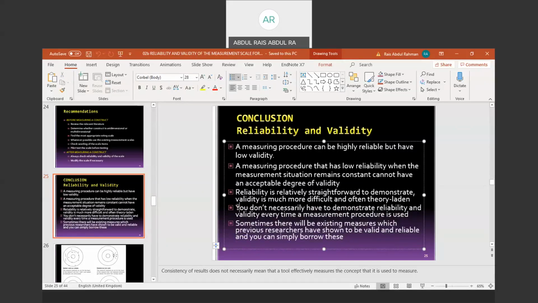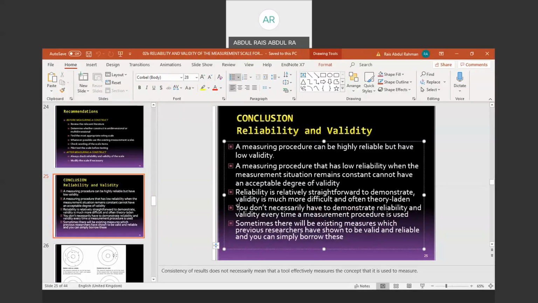Melainkan kalau you adapt, you ambil soalan daripada research satisfaction cafe dan you nak ubah dalam study you untuk tengok satisfaction di makanan di pasar malam. So example of the item yang you adapt, I am satisfied with the food served at this cafe.